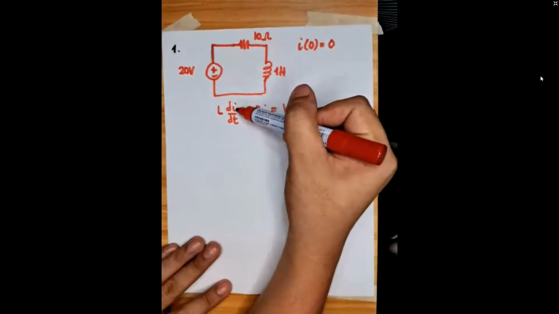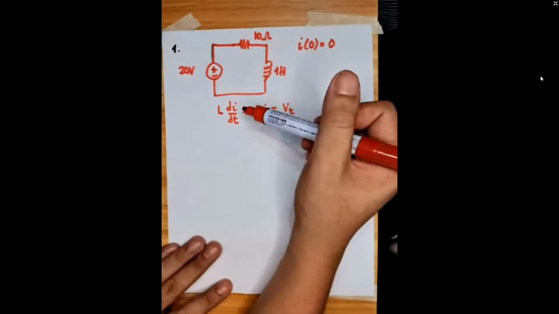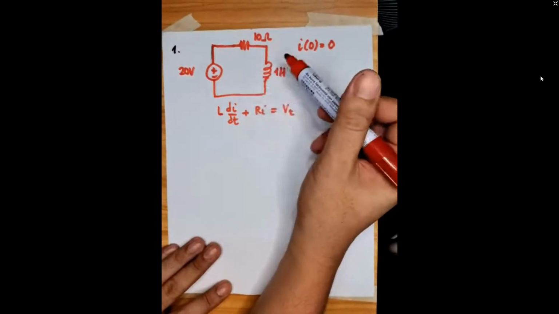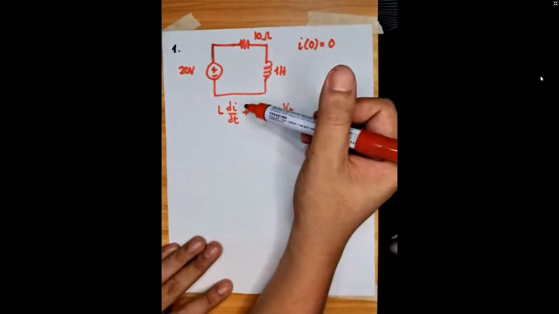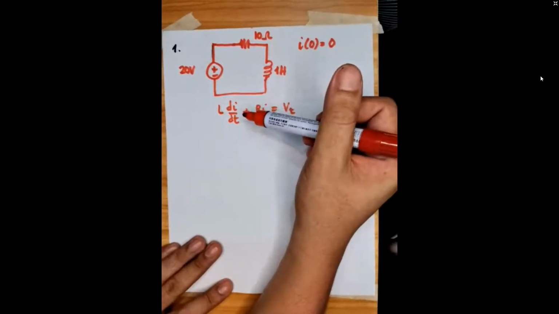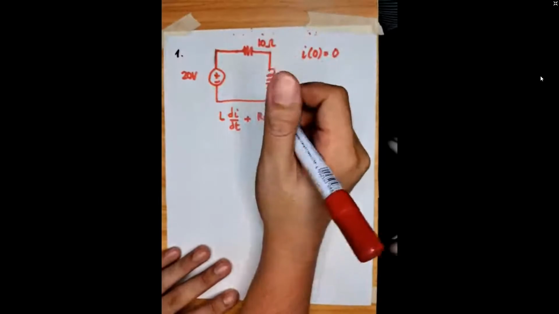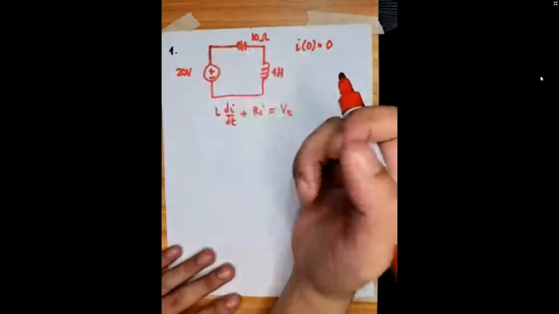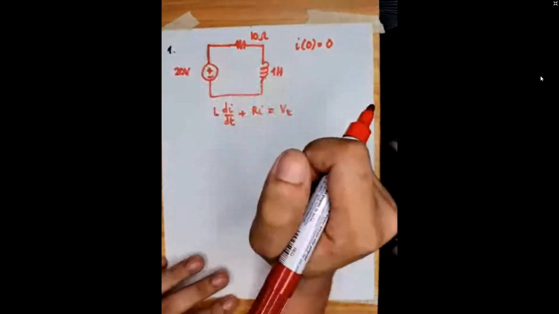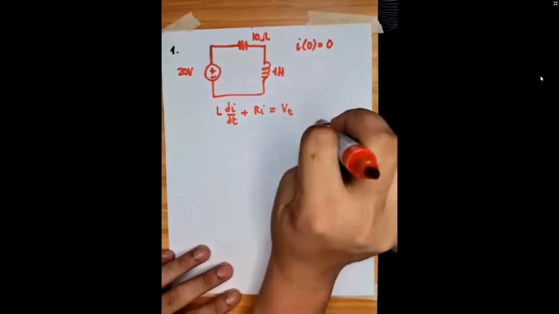If charge were asked, we would convert this to Q squared over dt, or we could get I and then integrate to get Q. But for this example, we'll add that later. We're only asked for the current at any time t.